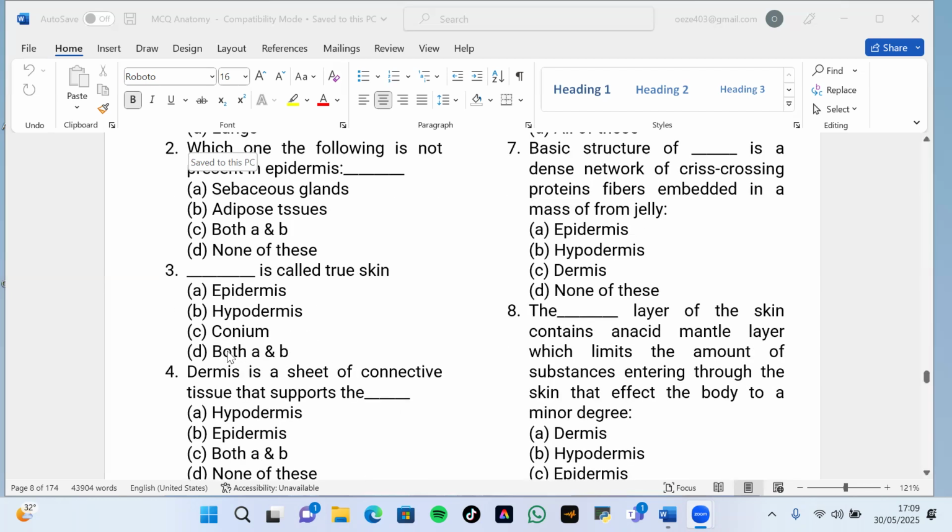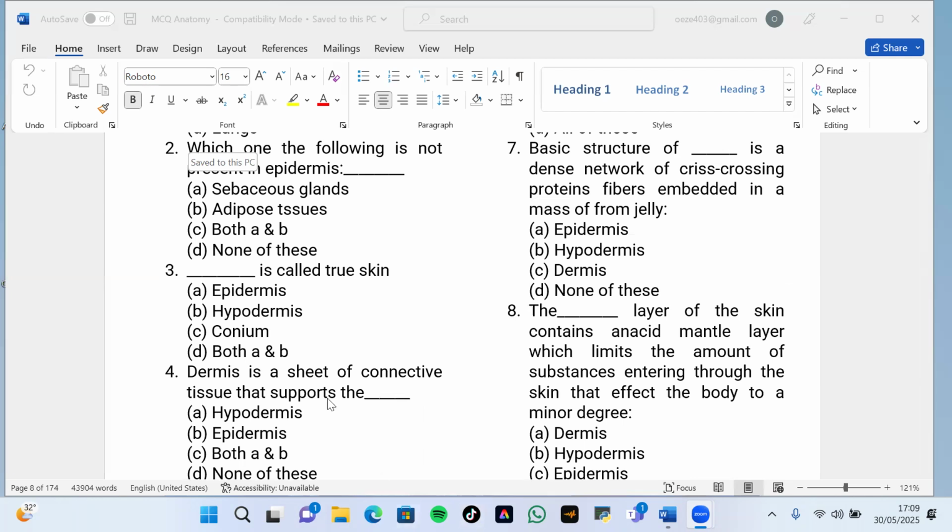Question number 3 says, which is called true skin? The options include A, epidermis, B, hypodermis, C, corneum, D, both A and B. The correct answer is C, corneum. Corneum is the true skin.